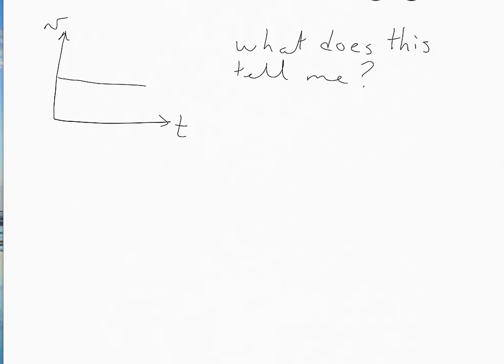Well, first of all, one of the things it tells me is that it is constant velocity. Another thing that it tells me is that the velocity is a positive value.